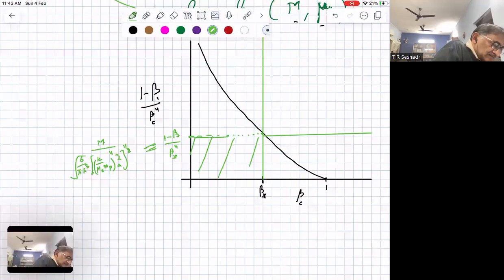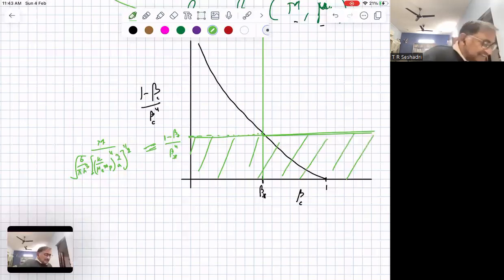Okay, so this is that line, this region. In this region, the only solution I am allowed is this. So it means that beta has to be greater than beta star.